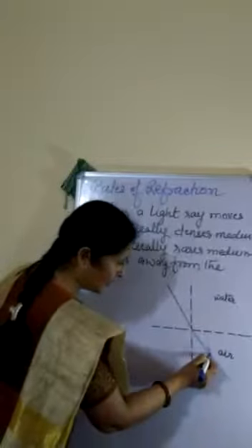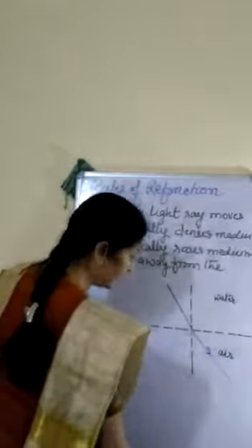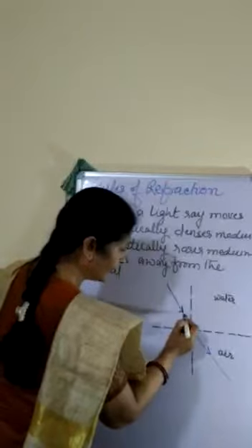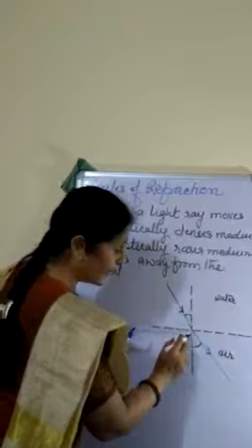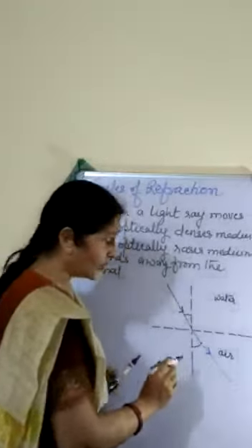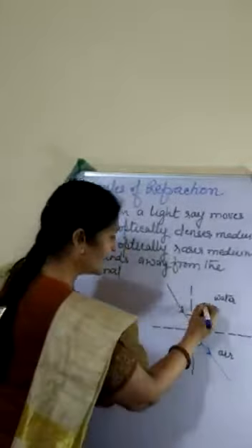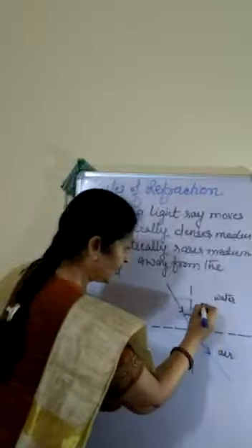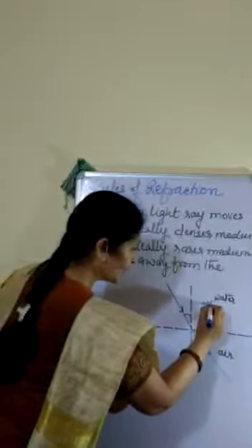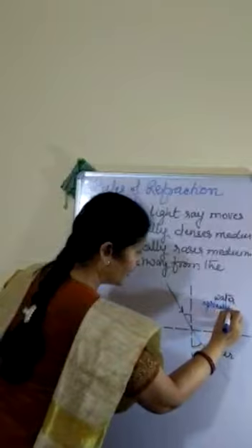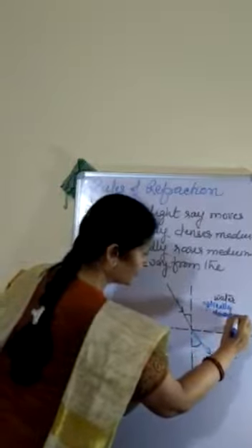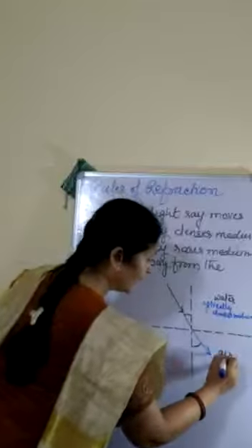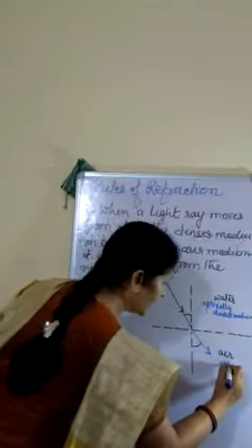This is the refracted ray and this is the incident ray. This is the angle of incidence, this is the angle of refraction. This ray moved away from the normal. You can write here optically denser medium, and here optically rarer medium.